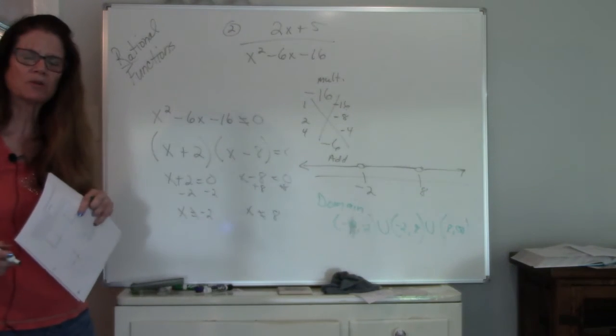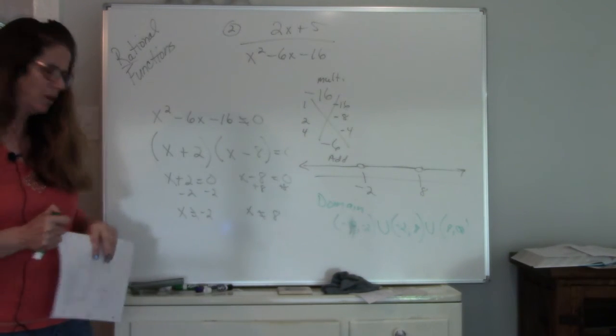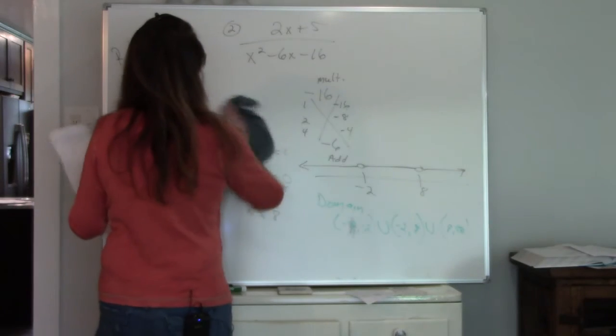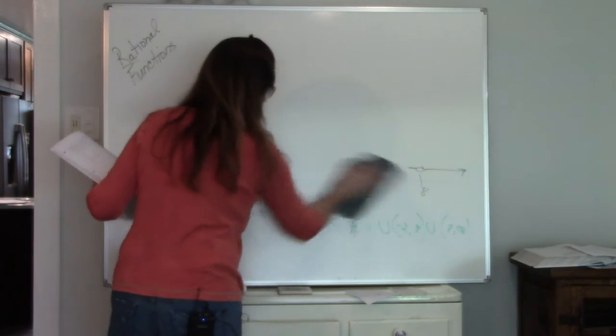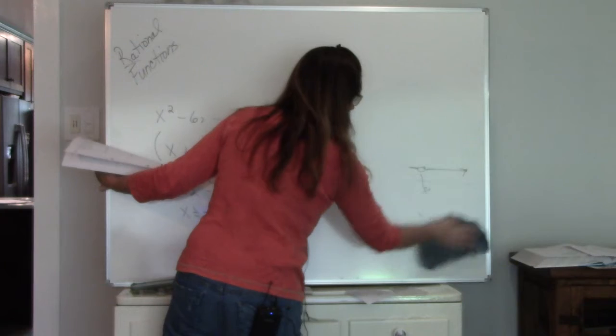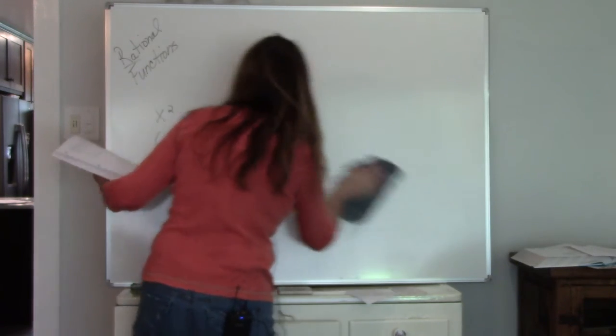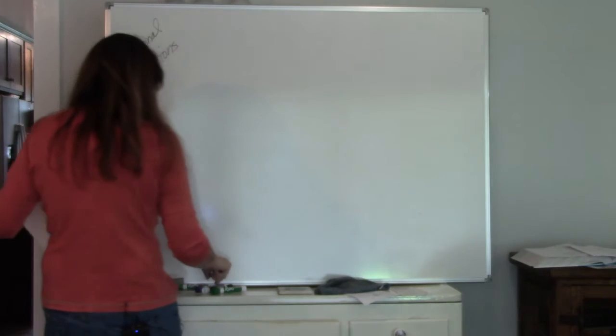And that's your domain restriction in interval notation. All right, let me try one more, and then I'm going to show you an application. So the applications aren't too bad. You're given the rational, and then you're just going to plug the values in.